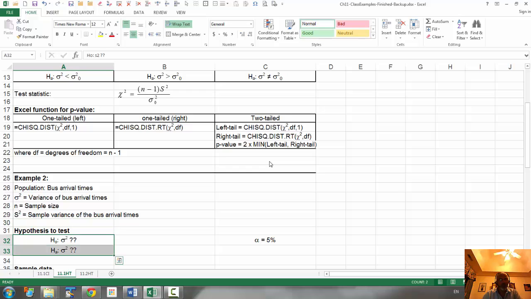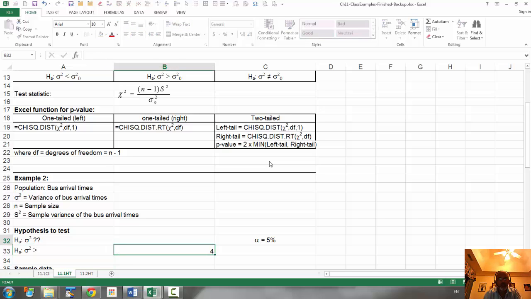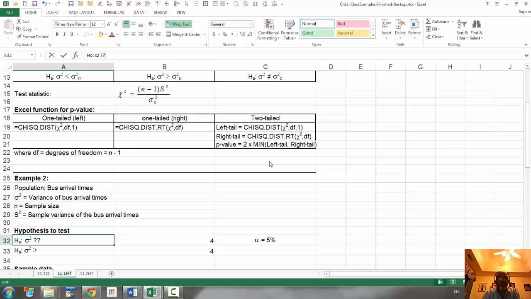Now we want to test what? We want to test whether the alternative hypothesis, the variance is greater than 4 minutes. So the null hypothesis will be less than or equal to, and the alpha value is 5%.